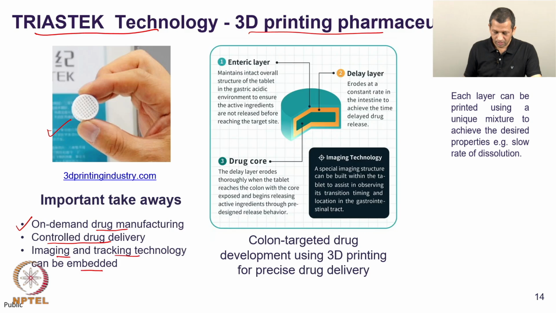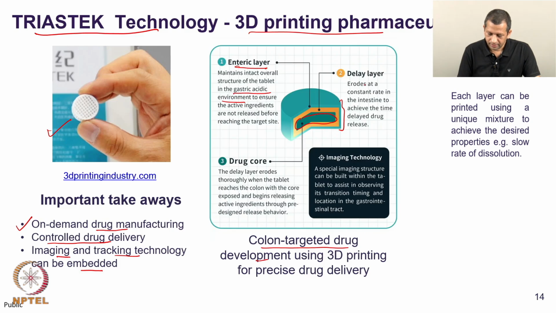An example for manufacturing or design of a colon targeted drug is shown here. This is a 3D printing technology where there are 3 layers. One is enteric layer, which is introduced for maintaining overall integrity of the core of the drug while the tablet is in the gastric acidic environment.